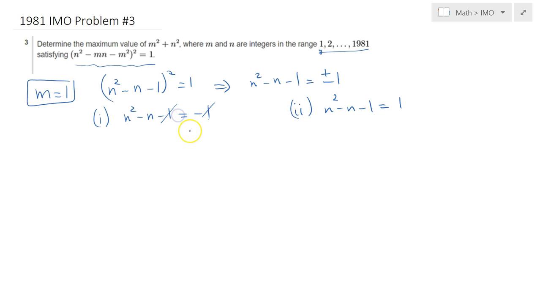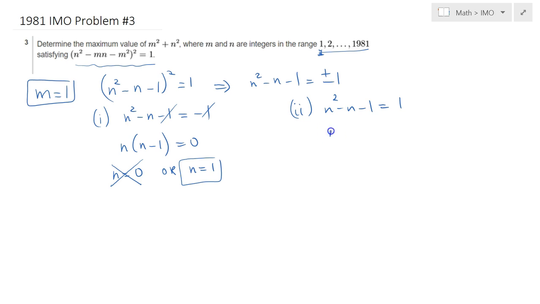In the first case, the minus 1s will cancel out, and factoring out the n will give us n is equal to 0 or n is equal to 1. Obviously n is equal to 0 is not admissible, so therefore we have the value for n.